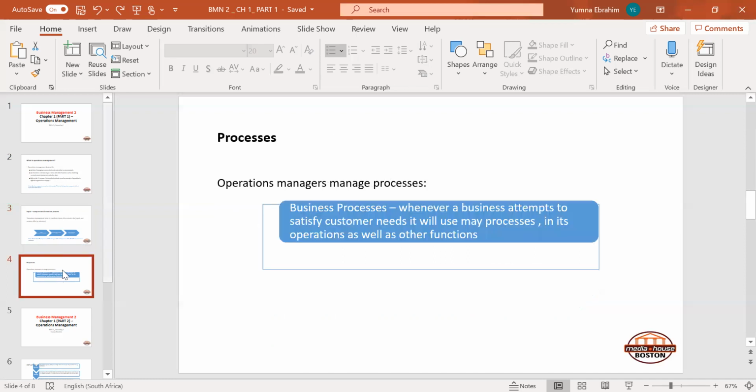All right, so finally, before I stop for this recording and continue this chapter in another recording, we talk about processes being an integral part of operations management. So what are processes? Well, when you came to Boston Media House, you had to go through the process of application. The day you go for some of you already probably have driver's licenses.